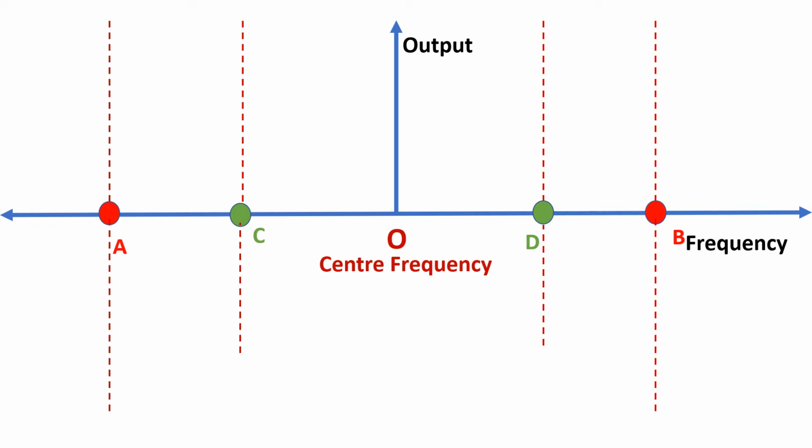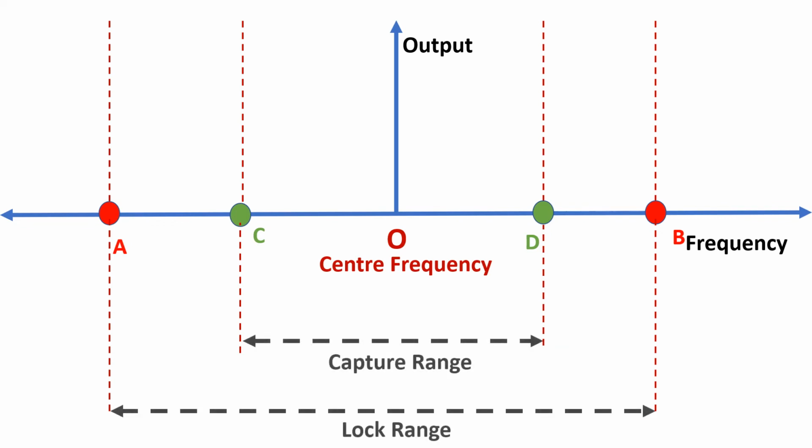In PLL characteristic, on x-axis we have the frequency, on y-axis we have equivalent output voltage. Now we can see on PLL characteristic that from point A to point B, it is a lock range for the PLL. From point C to point D is the capture range of the PLL.